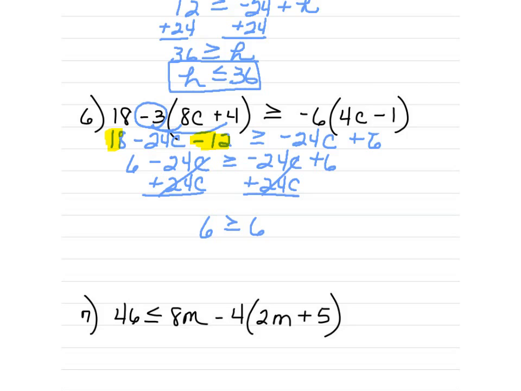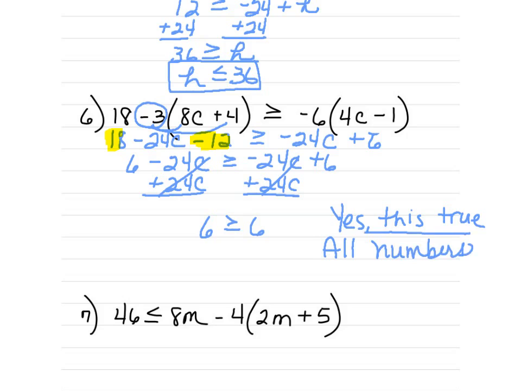The answer is yes, this is true. 6 is equal to 6. So therefore, the solution to this is all numbers. If it's true, the solution is all numbers. If it's not true, then your solution is no solution.